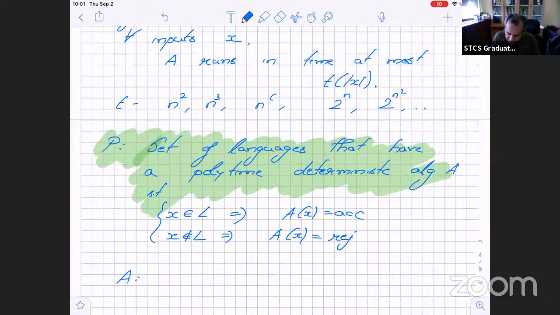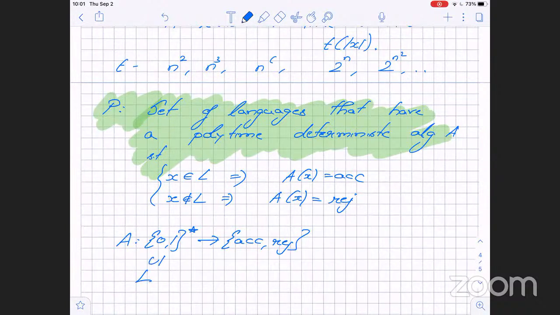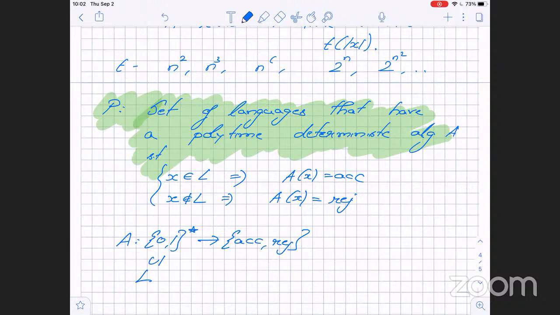The domain of A is always 0,1 star. It takes all possible input strings and outputs either accept or reject. A language is a subset of this. For example, if you're doing primes, the domain is the set of all strings. The language is the set of strings which correspond to prime numbers, and the algorithm is checking if it's prime or not.